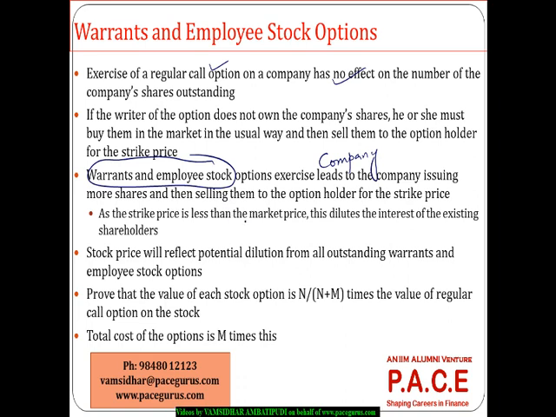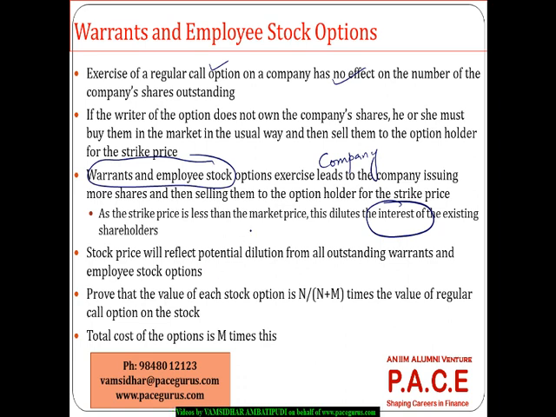In most cases, the strike price will be less than the market price, because only then will people exercise the option. Otherwise, there is no incentive for them to exercise, so they will let the option expire. Because the strike price is lower, this dilutes the interest of the existing shareholders.